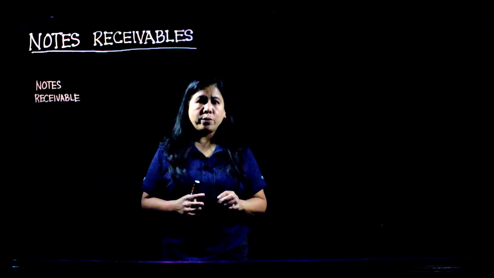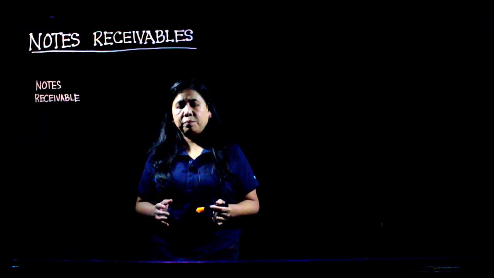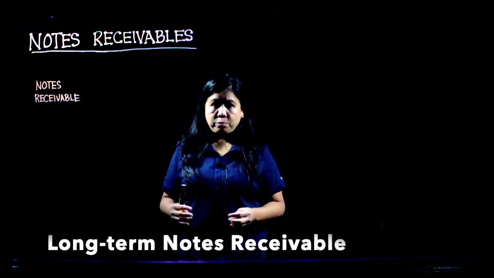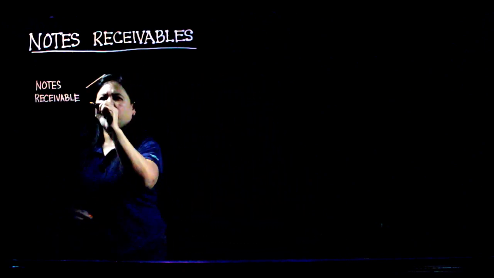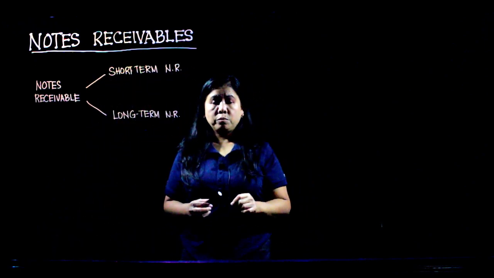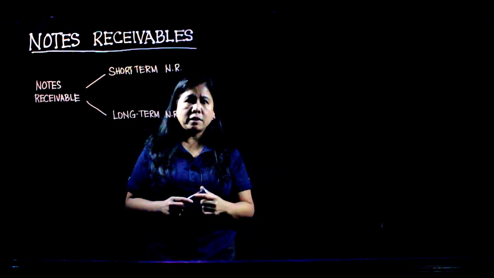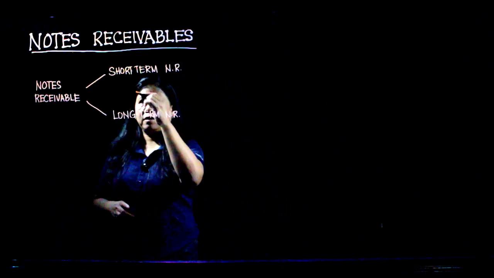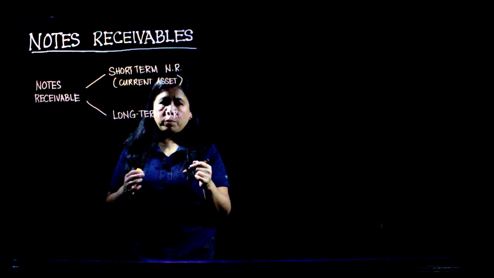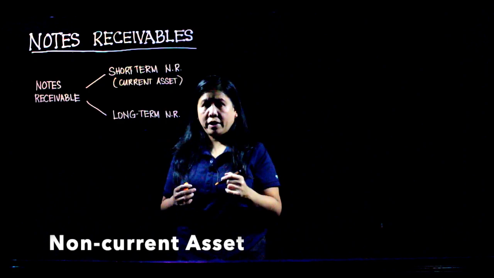We have two kinds of notes receivable: the short-term notes receivable and the long-term notes receivable. The short-term notes receivable is classified as a current asset, while the long-term notes receivable is classified as a non-current asset.